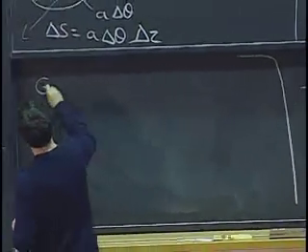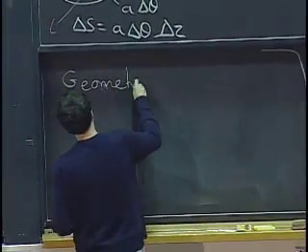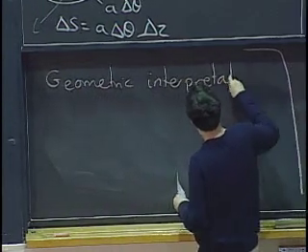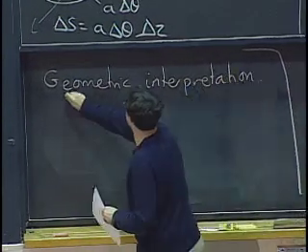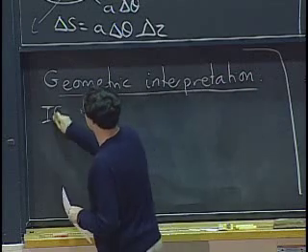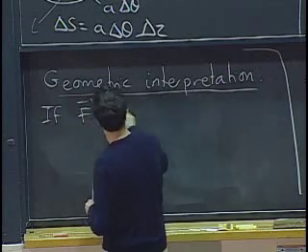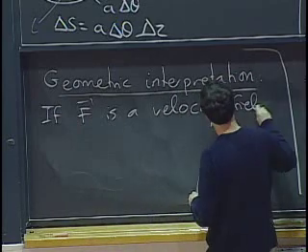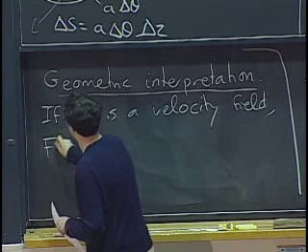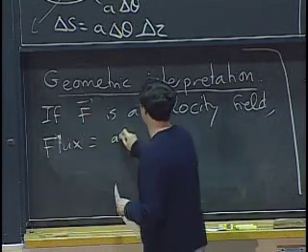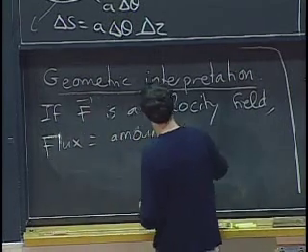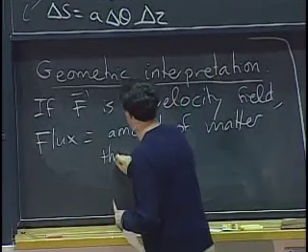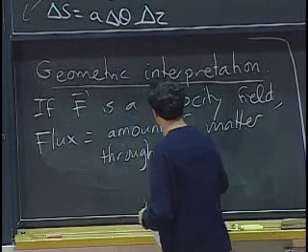What about the geometric interpretation and how to prove it? If your vector field F is a velocity field, then the flux is the amount of matter that crosses the surface, that passes through S, per unit time.